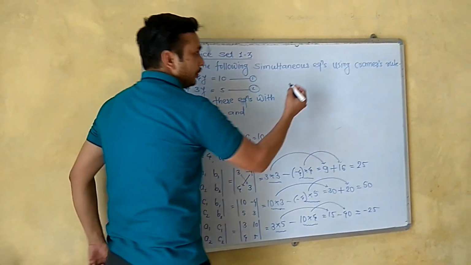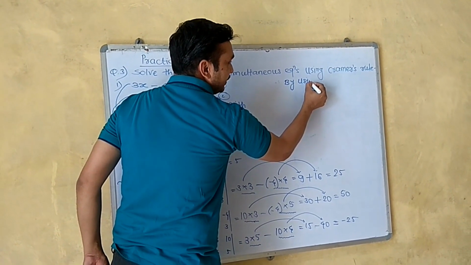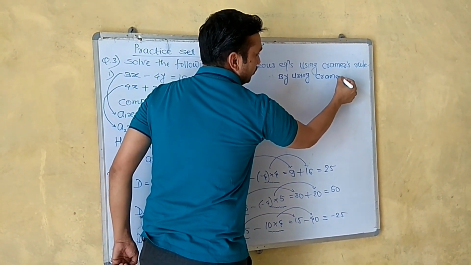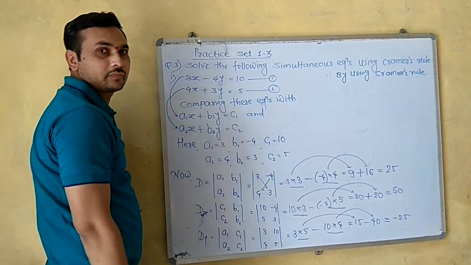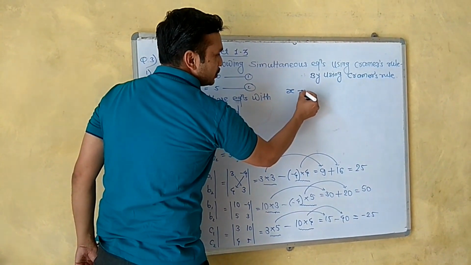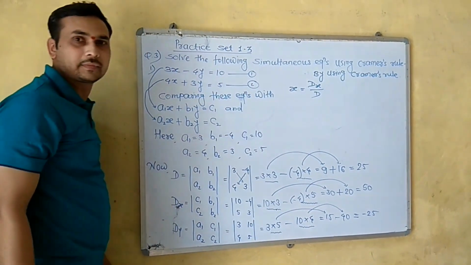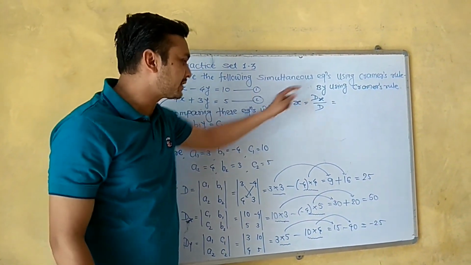So therefore, by using Cramer's rule, x equals to dx upon d. So that is equals to, what is the value of dx?